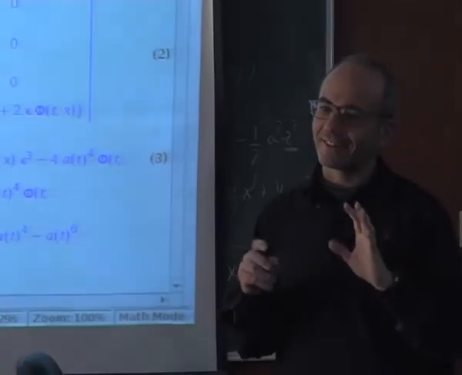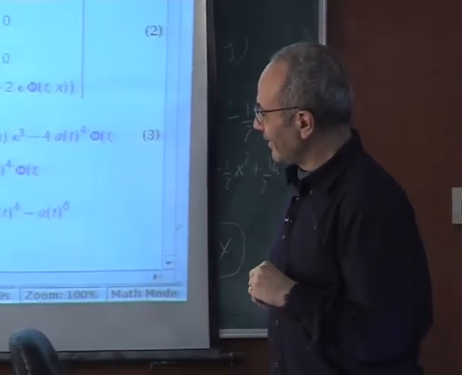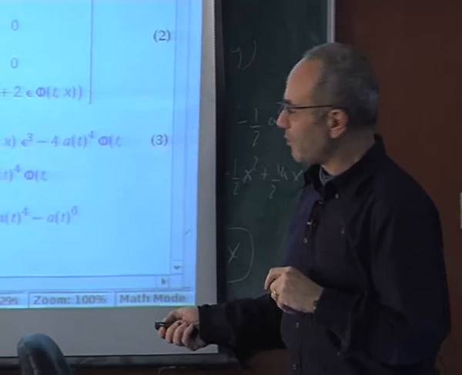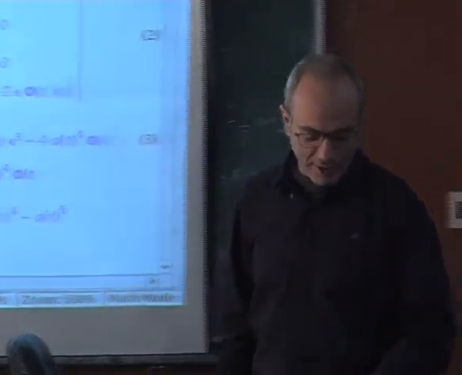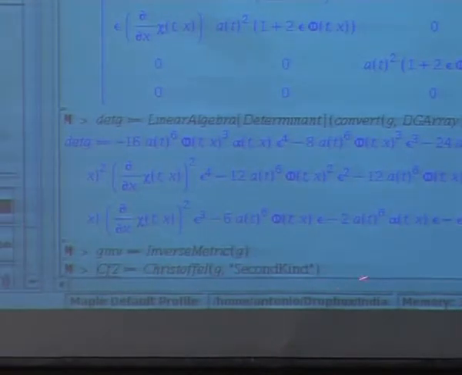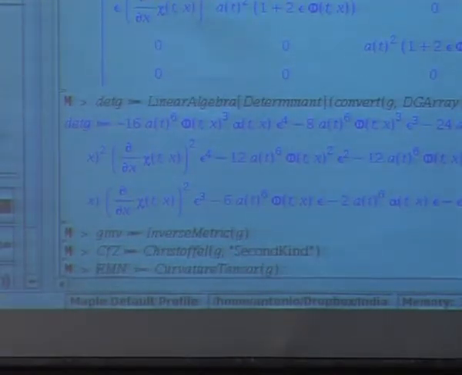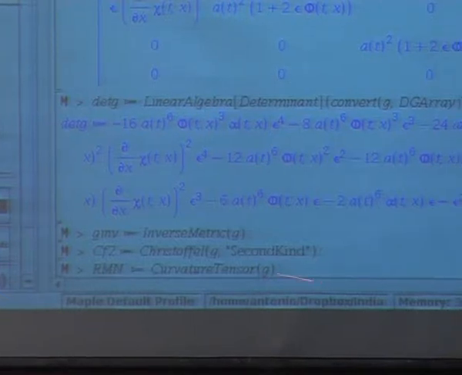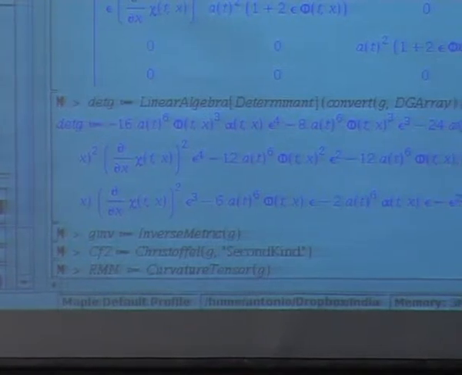Maybe after one hour of relaxation you may see it. And the Christoffel symbol, I put another colon here. The determinant was already enough to give you an idea of the complication.